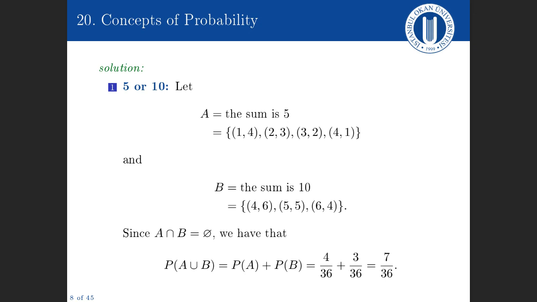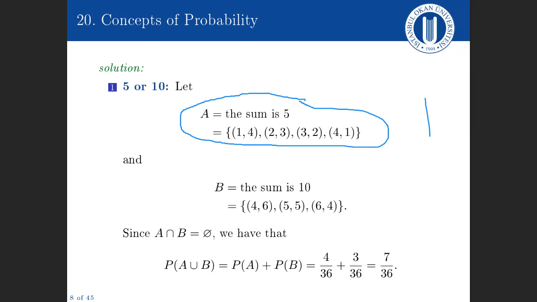Let's do question 1 first. What's the probability of 5 or 10? Well, we need 2 events. Event A will be that the sum is equal to 5. So it's either 1 and 4, or 2 and 3, or 3 and 2, or 4 and 1.